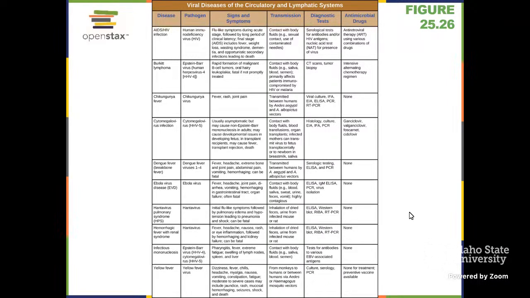Body fluids, blood transfusion, organ transplants, mothers can transmit it to the fetus, either crossing the placenta or through breast milk. It's also transmissible through saliva, numerous ways.